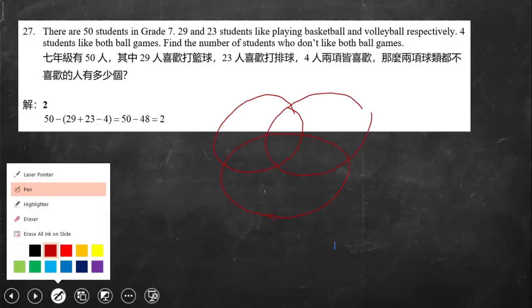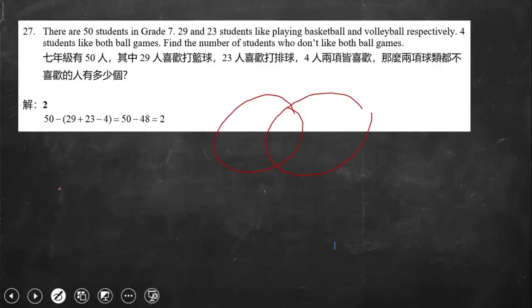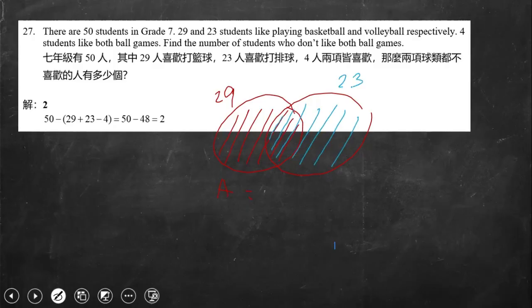We know that for the basketball, the whole circle, there are gonna be 29. And for the volleyball, 23. We also know that 4 students like both ball games, so 4 here.